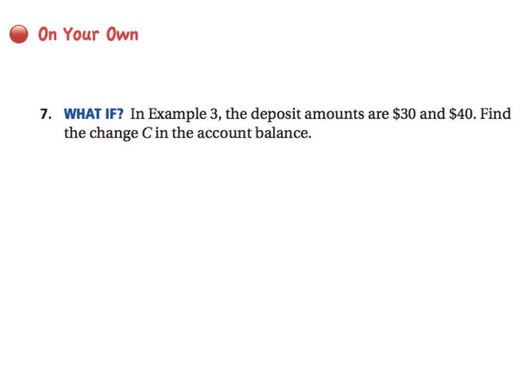Now lastly, you have one more problem to try on your own. And it says, if from example 3, which was the one from the last slide, the deposits were $30 and $40, find the change in the account balance. So we're still going to take all the numbers from the last slide, but instead of 50 and 75, we're going to use 30 and 40.